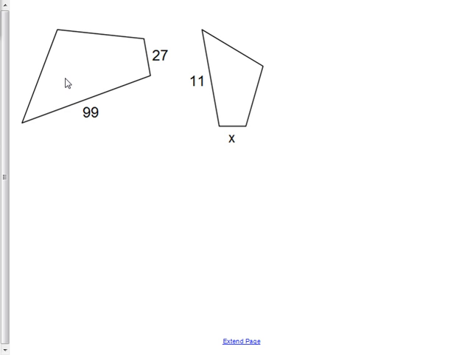All right. Same thing here. We need to determine which ones are matching. Okay, it gets a little bit trickier when they're turned, but obviously the x and the 27 go together, and the 11 and the 99 go together. So now you just need to determine how do you want to write it. Well, let's try 99 over 27 is equal to, okay, what goes with the 99? The 11 does. The 11's the bigger side, so we'll go 11 over x.